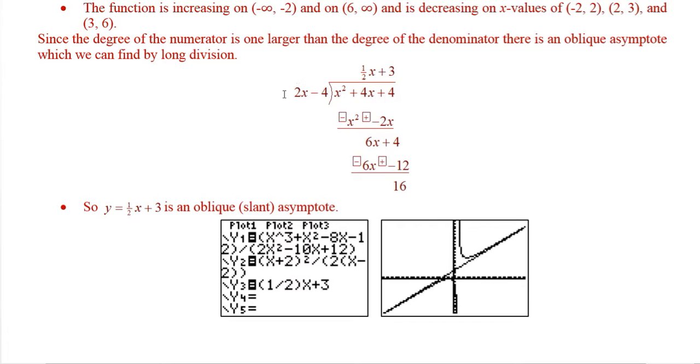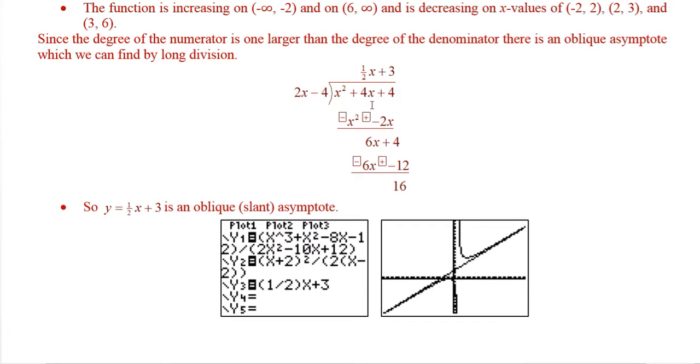So when I multiply 1/2 x times 2x minus 4, I get positive x squared minus 2x. But when I subtract, I'm changing the sign, so now I'm adding negative x squared plus 2x. So that makes this cancel out completely, and that's what you want to choose. You want to choose the right thing at the top, so this first term goes out completely.